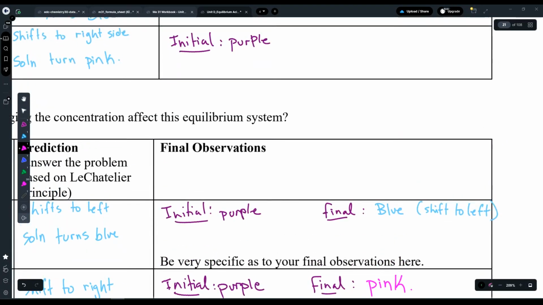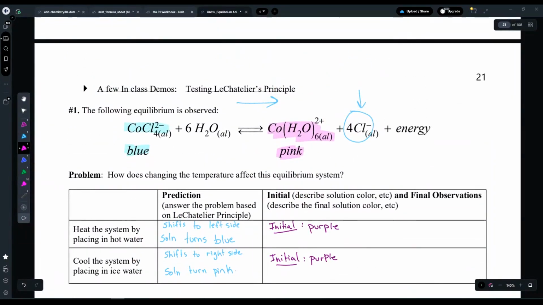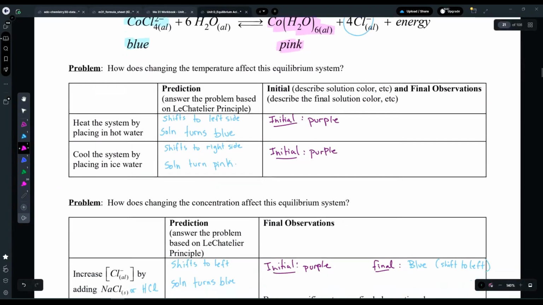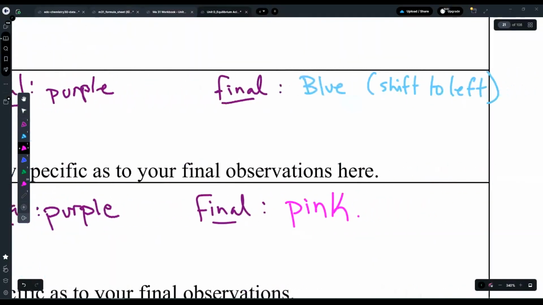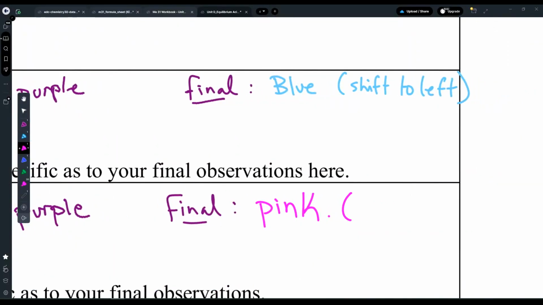And again, because of how our equilibrium is written out, yes, this would be shifting to the right. He only said that it shifted to the left just because he has his equilibrium written out just backwards to ours, but that's okay.